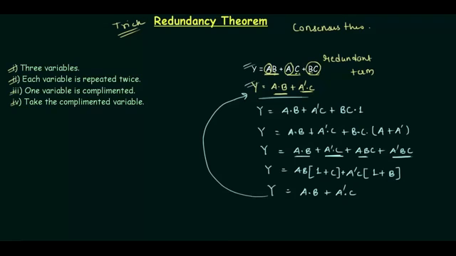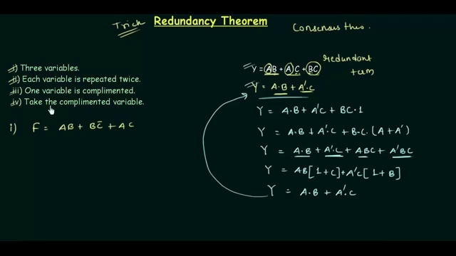Now let's solve a few examples on the redundancy theorem. The example number 1, the function f is equal to a and b, or b and c complement, or a and c. The first step is to see whether there are three variables or not, and we have three variables a, b, c. Each variable is repeated twice: a, b, b, c complement, c.